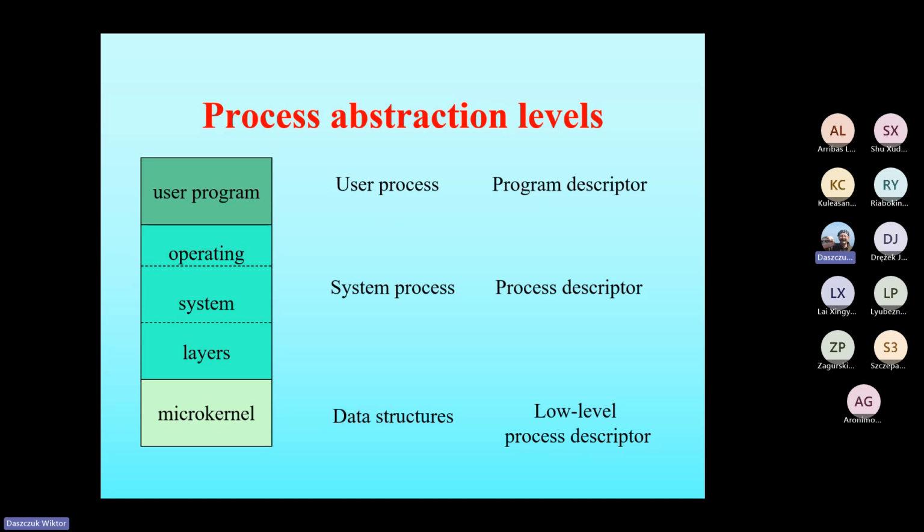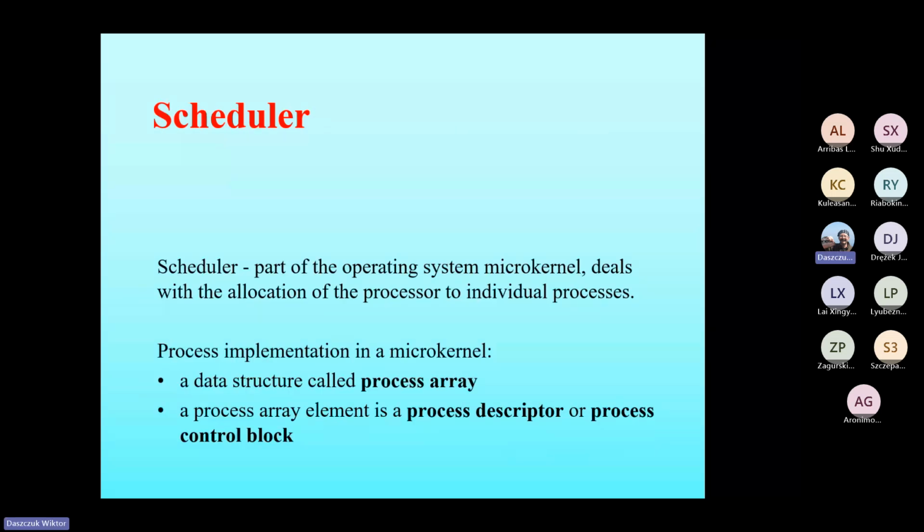The part of the kernel that deals with states of processes and chooses a process to run is the scheduler. It operates on the process array, which need not be an array.